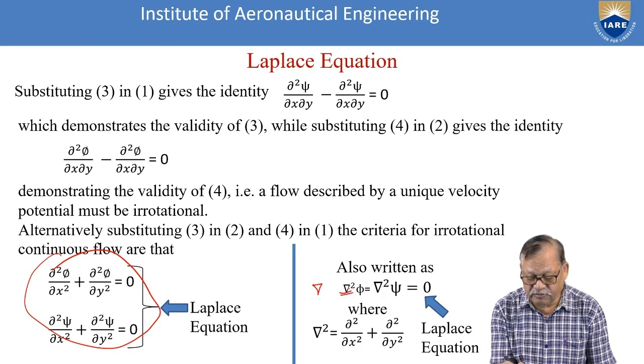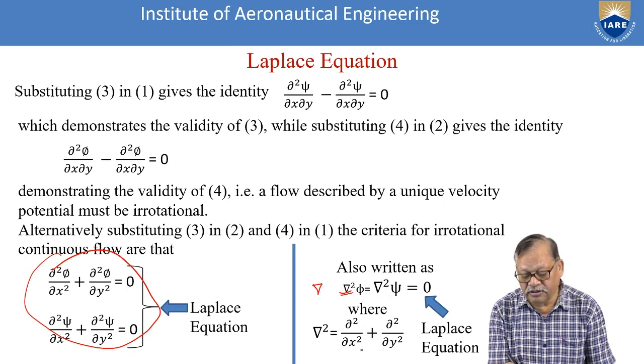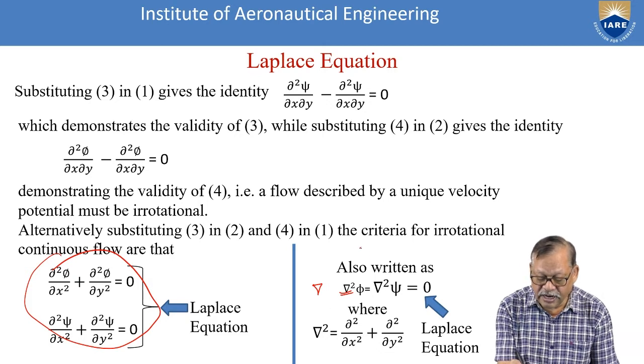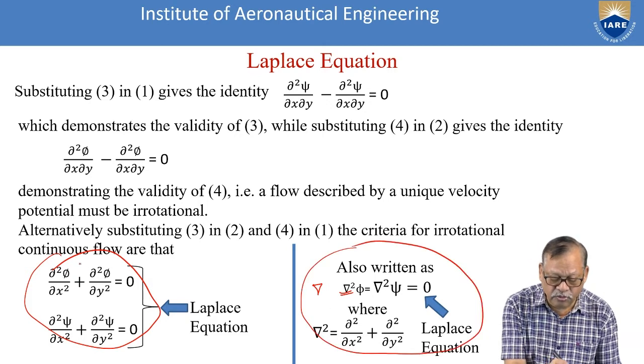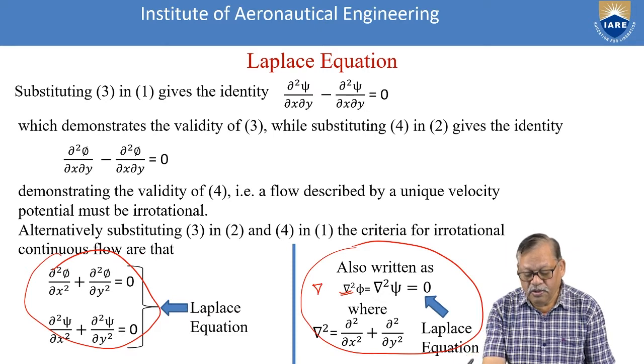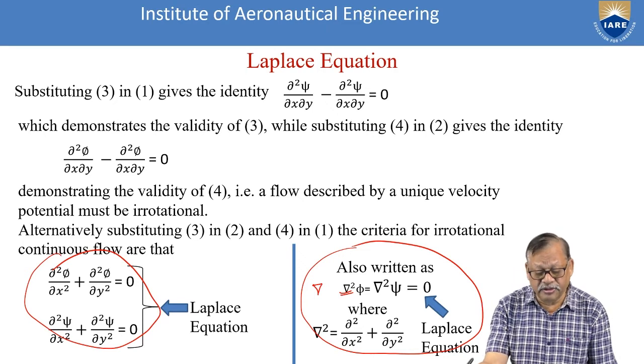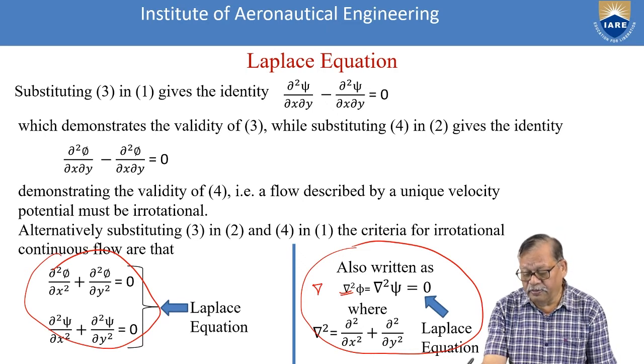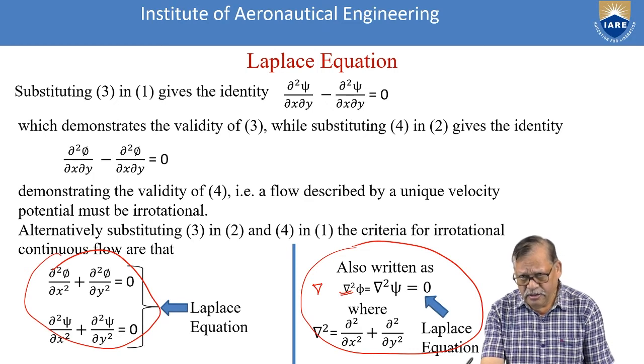The meaning of del square is dou square by dou x square plus dou square by dou y square. So in some books they write the Laplace equation in this form, some in that form. Don't get confused, both have the same meaning, only how they write del differs. So the Laplace equation is derived like that, and I believe that is simple.